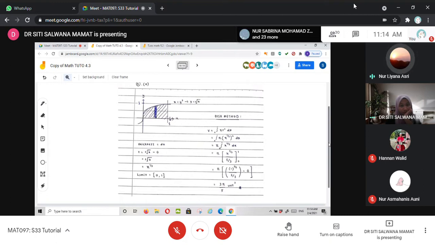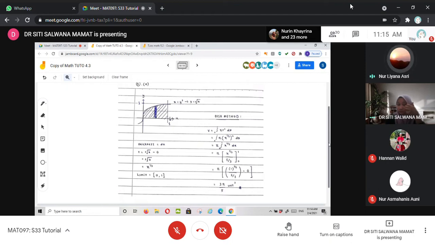So for the upper boundary, we need to rearrange the equation x equals to y cubed. So we get y equals to cube root of x. So upper boundary cube root of x minus lower boundary 0. So we get cube root of x equals to x to the power of 1 over 3. And then for the limit is 0 until 1. And then we use the formula of this method.